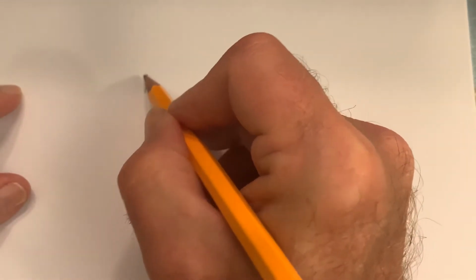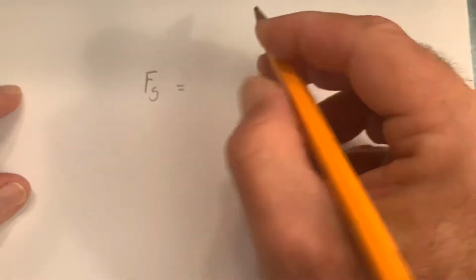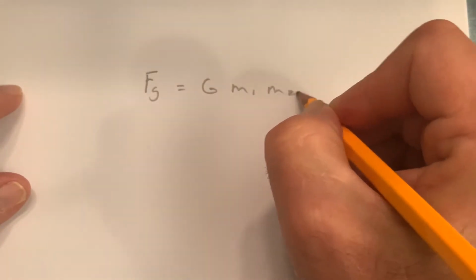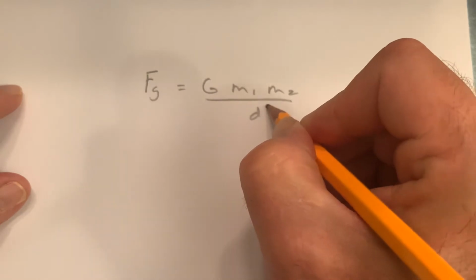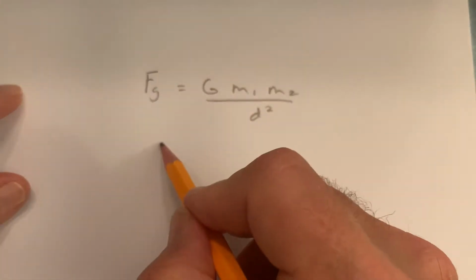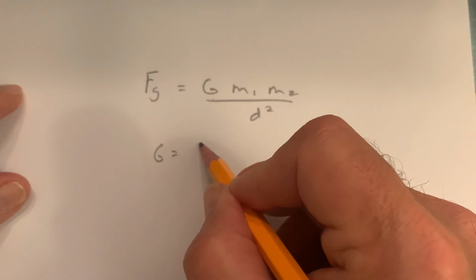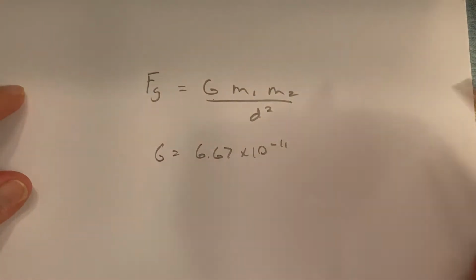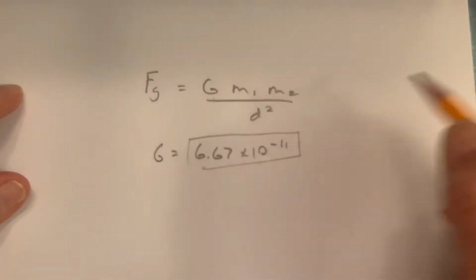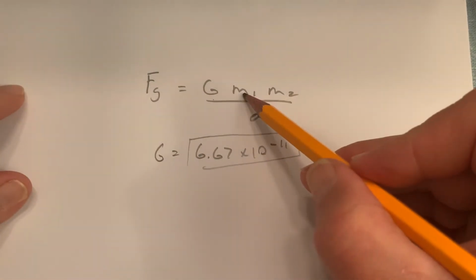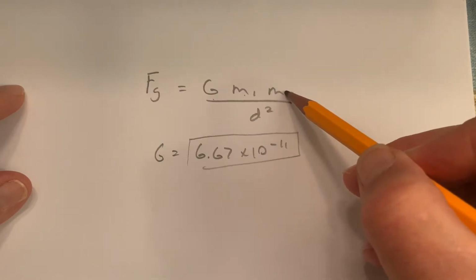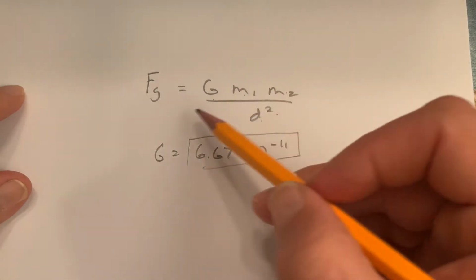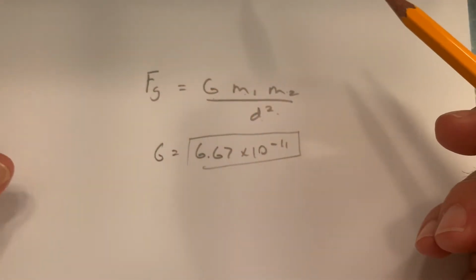And we learned that the formula for that was Fg equals big G m1 m2 over d squared, where G is the gravitational constant, which is 6.67 times 10 to the negative 11th, which is always that number, doesn't change. The m is the mass of one object, the other m is the mass of the other object, and d is the distance between them, squared. And that will give you the force of gravity.